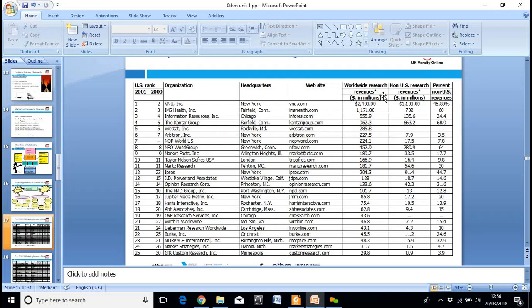So that shows how much the value of research itself. Taylor Nelson is based in the UK, and it's number 10 on the list, making 166.9 million a year out of their marketing research.